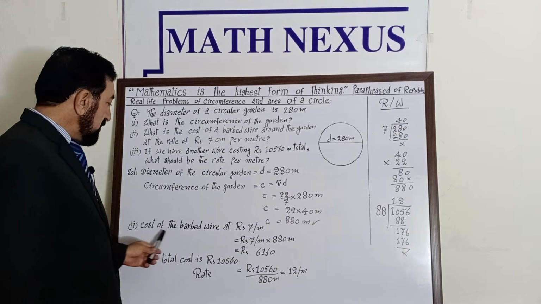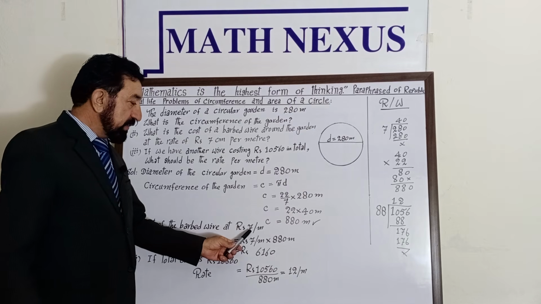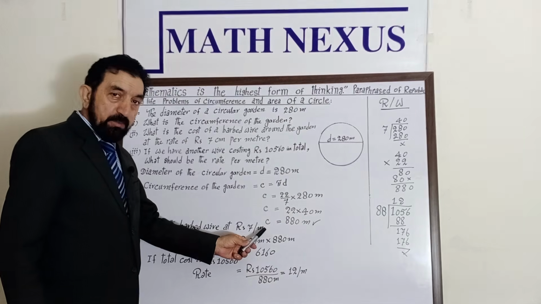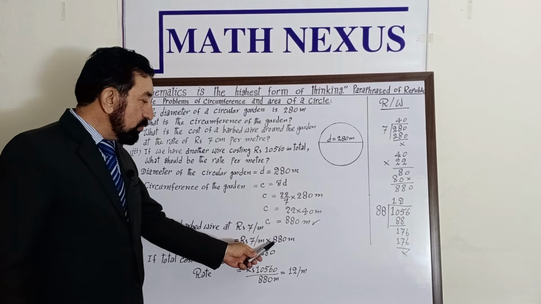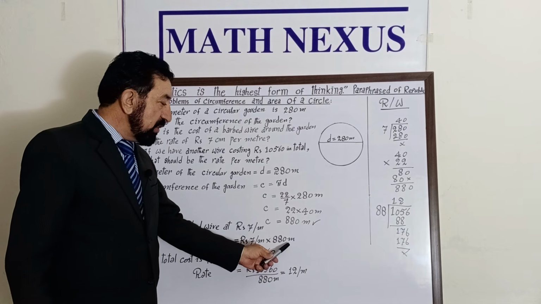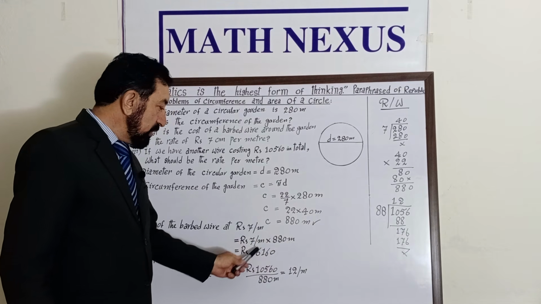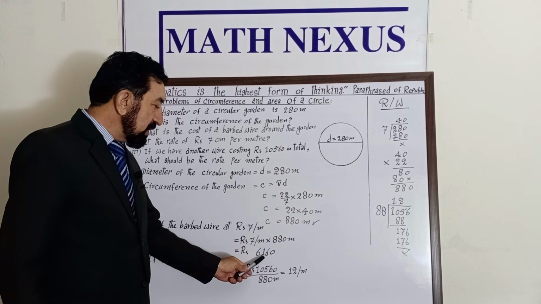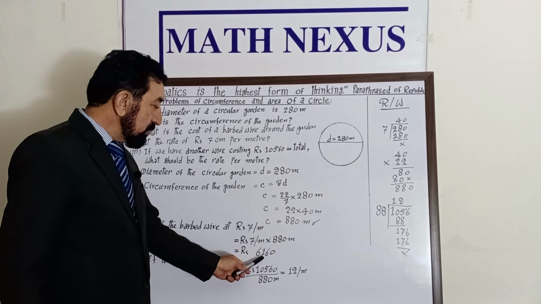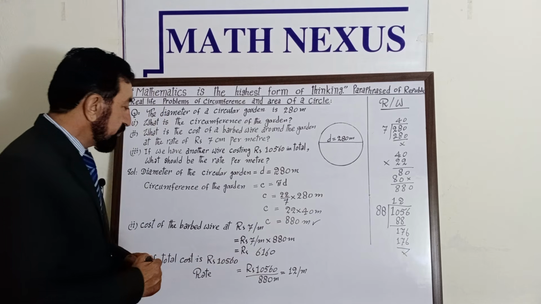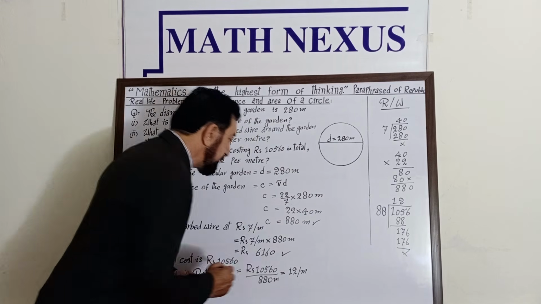Second, cost of the barbed wire at the rate of rupees 7 per meter equal to 880 meter, meter cancel, rupees 6160. This is the cost of the barbed wire.